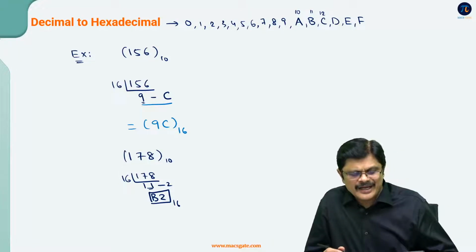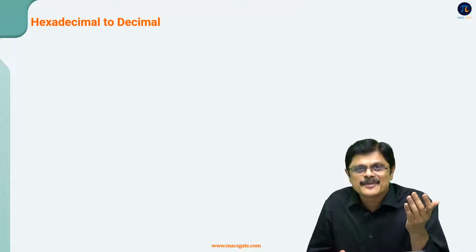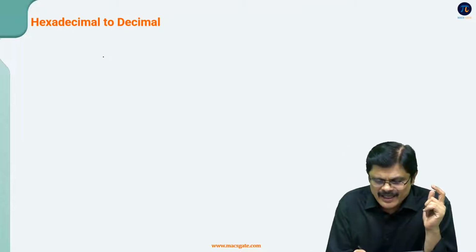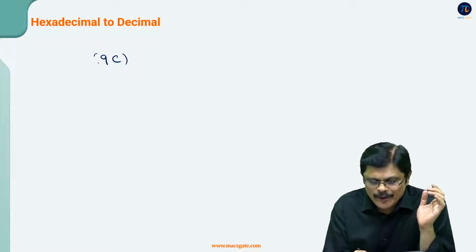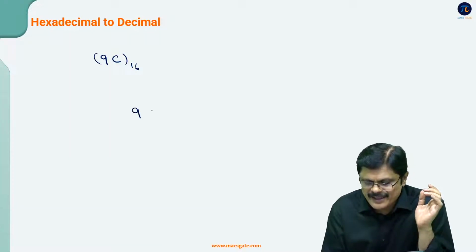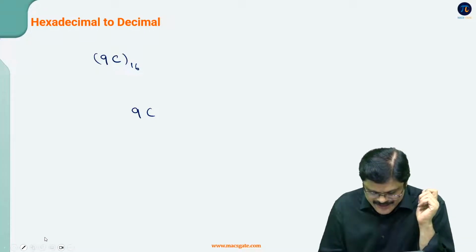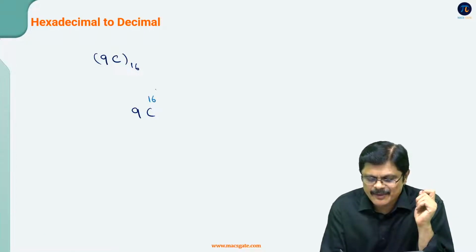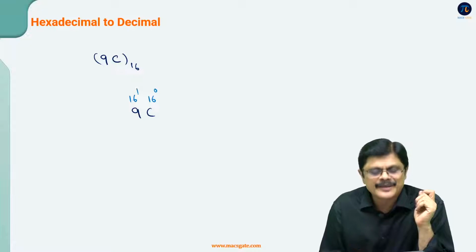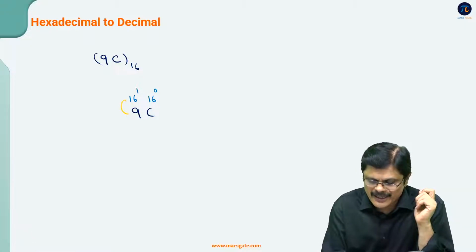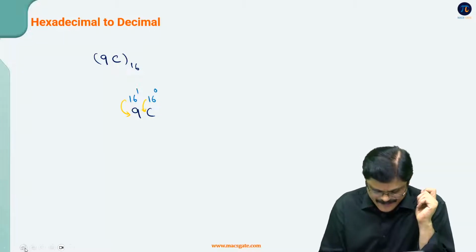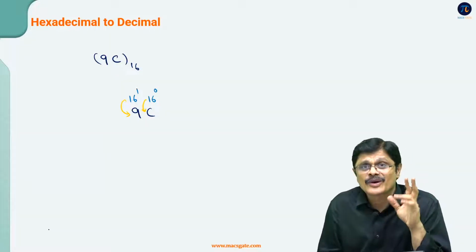You can also try the reverse process from hexadecimal to decimal. Let us try this 9C. The same logic applies. First write the number: units, that is 16 power 0, then 16 power 1. Now multiply these with the corresponding numbers, and C is 12, remember.